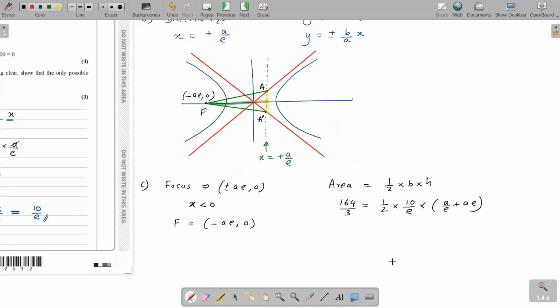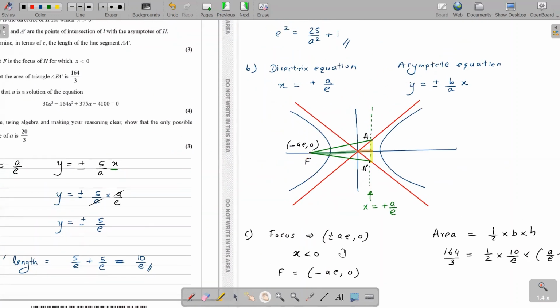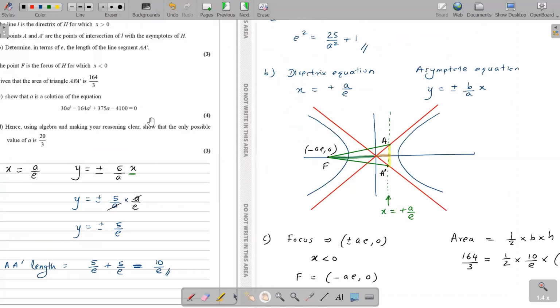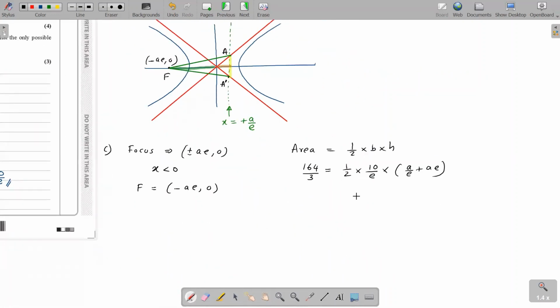Okay, then let's try to get the show that. In the show that, you can see it is made up of only A terms. But I think you can see in our equation, it's made up of both A and E. So we need to get rid of the E. Okay, so let's first simplify what we can simplify here. 164/3. 2 and 10 we can cut.